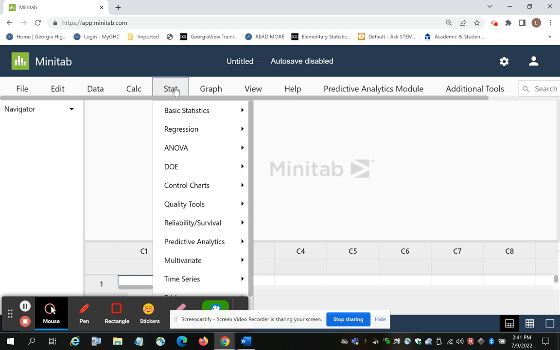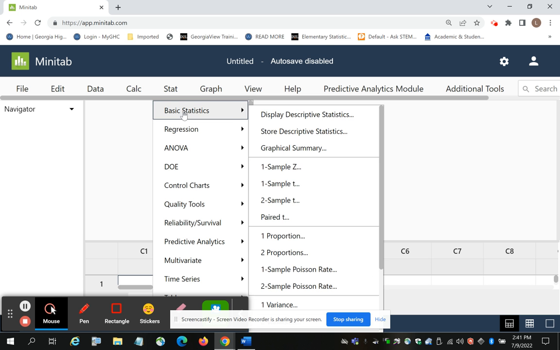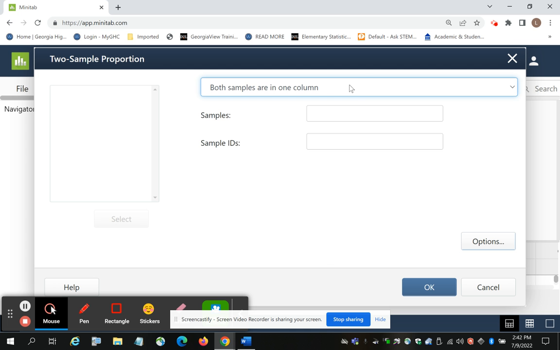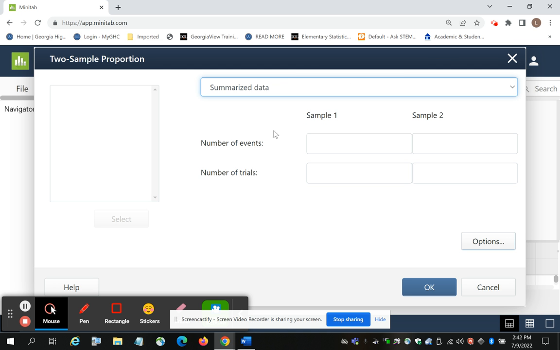We're going to go to Stat, Basic Statistics. This time we're doing 2 proportions, and we have summarized data. So sample 1 in our case is the non-smokers.